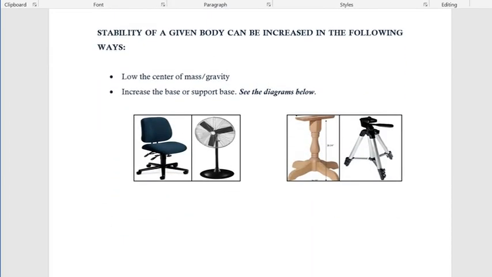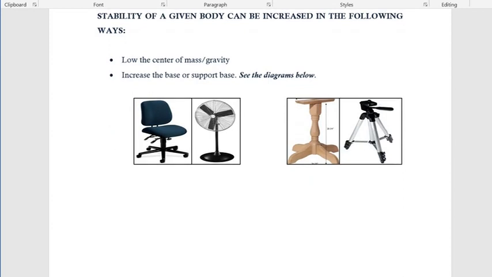So we also have different objects, and I'm sure this is what we explained in the previous lesson: if something is shorter, it's more stable. If it's shorter, it means its center of mass is lower, therefore it's more stable. You also increase the stability of an object by giving it a wider base.